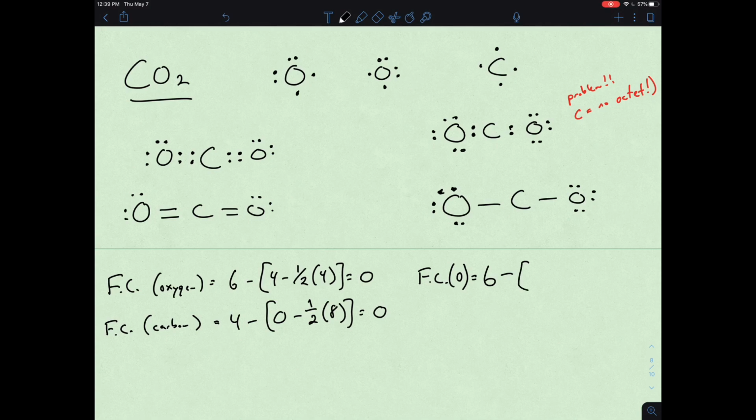That's because each oxygen has 6 valence electrons. Each oxygen has now 6 lone pair electrons. And each oxygen has 1 bond, which incorporates 2 electrons. So if we do that math, we end up with a formal charge equal to 6 minus 6 minus 1.